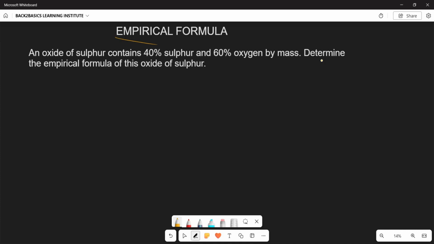Now, what you need to know about an empirical formula of a compound is that it can be found from a percentage composition, right? So, firstly, it can be found from percentage composition, which means when you have percentage composition, you are in a position to determine the empirical formula.